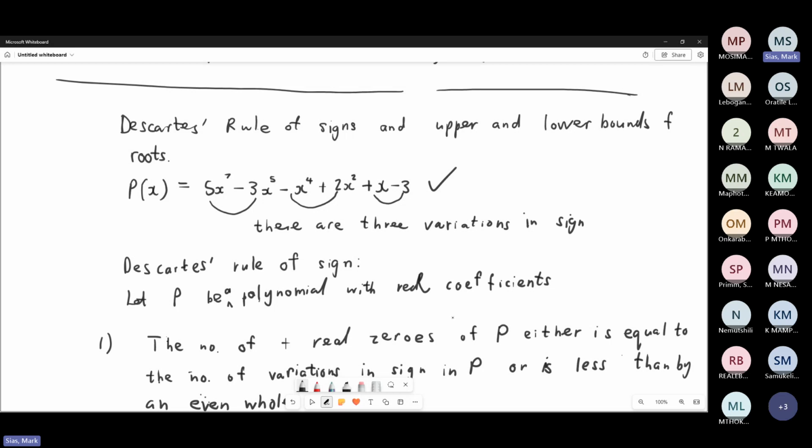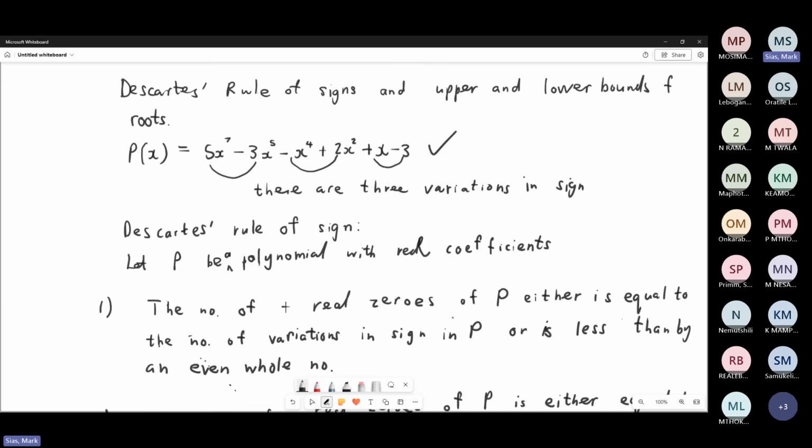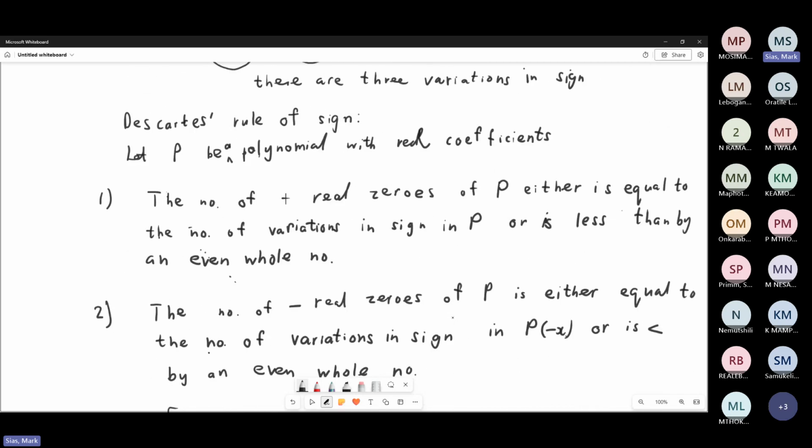X to the 0 is 1, you know that, guys. So there we encountered 3 variations in signs when we look at the coefficient signs, positive, negative, negative, positive, positive, negative, okay? So we have 3 variations in sign. So Descartes' rule speaks of that. If you want the number of positive real zeros of P, it's either equal to the number of variations in sign in P, or is less than that by an even whole number.